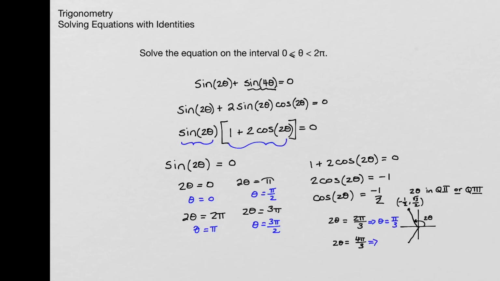And if 2 theta equals 4 pi over 3, then theta itself must be 2 pi over 3. And I need to go around a whole other cycle here.